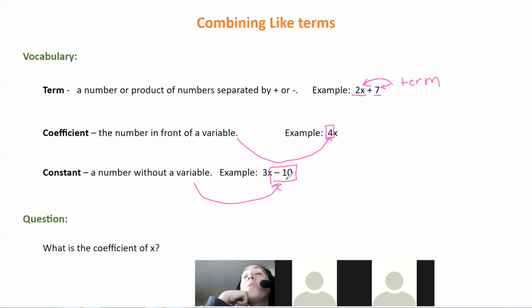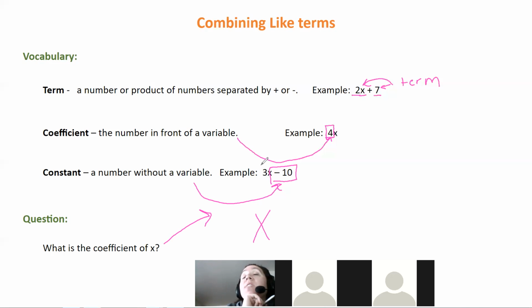What number is always in front of x, even if you don't see it, if you just have a single solitary x there? What do you guys think? If our term here is just 1x, I give you a hint there, 1x, what is the coefficient?